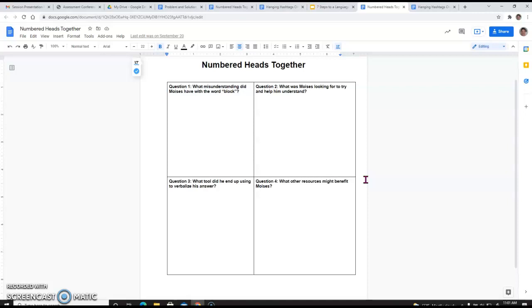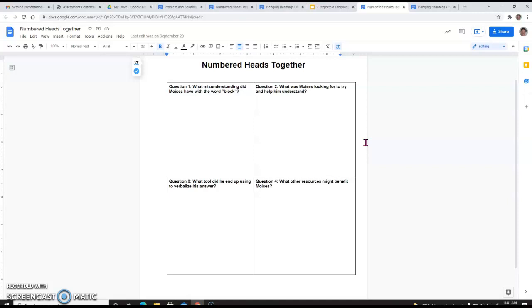So a couple of the answers that people had responded with: with question 1, I had asked those that were assigned the number 2 if one of the number 2s could answer question 1, to help randomize things a little bit. And a couple of the answers were the same, that Moises had misunderstood the word block for the cube, and he did not know that it was referring to the city block.